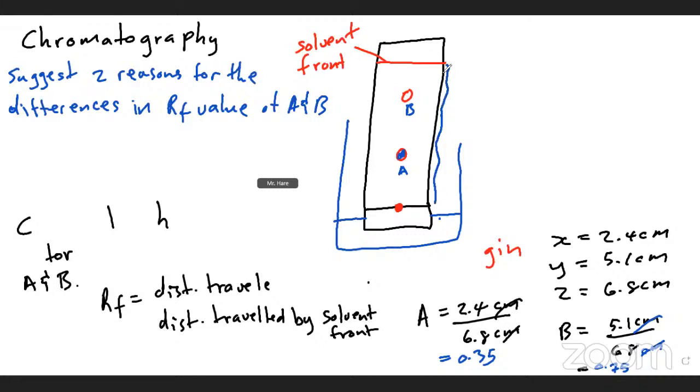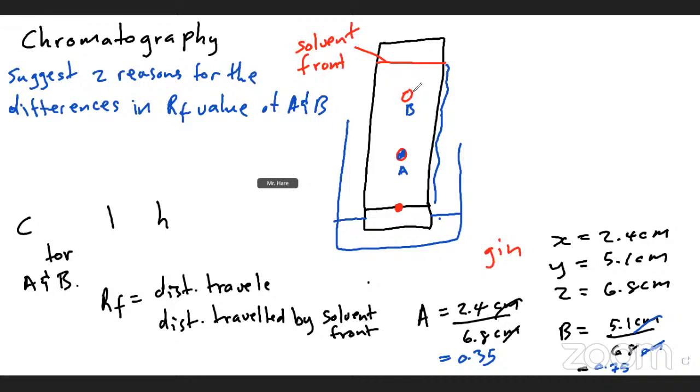As it travels up, the components in your dye will have an attraction for the paper as well as for the solvent, but they will have different attractions for the paper and the solvent.